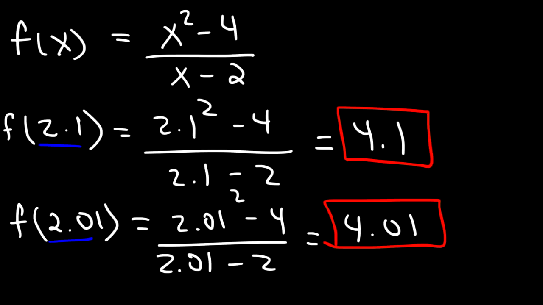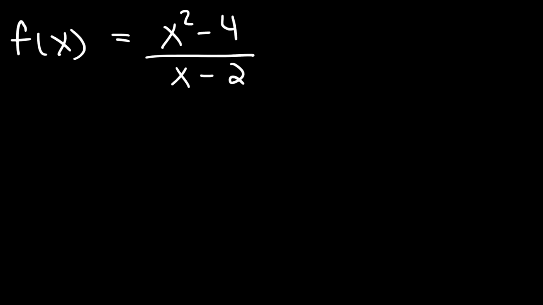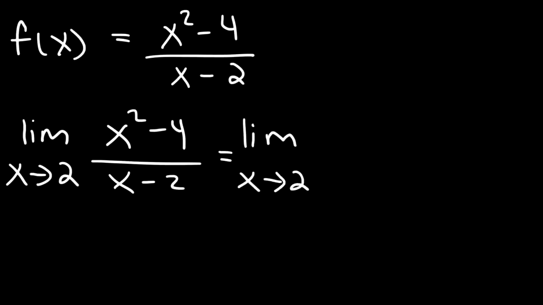So thus, we can use a limit expression. So we could say that the limit as x approaches 2 of x squared minus 4 over x minus 2, we know it's equal to 4. But to show your work, what you need to do is factor x squared minus 4.